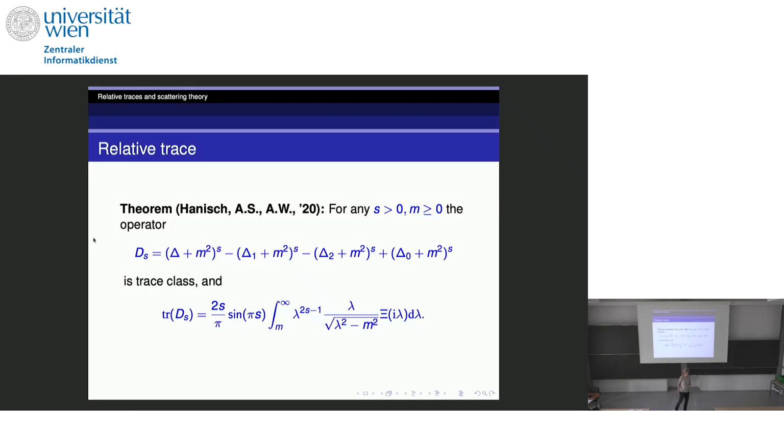So what's so unusual is that you can actually write down this formula like this, and that it's trace class. Yes? Normally, you would have to take some cutoffs away from the boundaries. And it's given by this formula. And what is this thing right here?